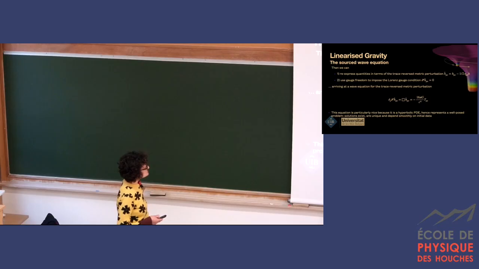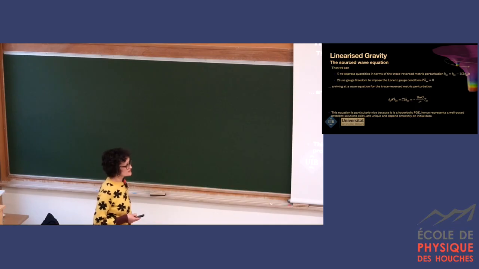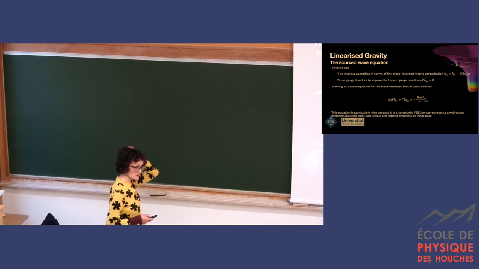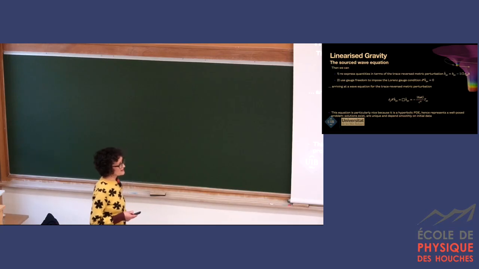Okay, so something that is quite common also in the literature is to study this trace-reversed metric perturbation, where I take the original perturbation and I subtract this term, so that the new perturbation has the inverse trace with respect to the original one. And then I apply a gauge condition that is very similar to what you have in electromagnetism: I require the divergence of my metric perturbation to be 0.